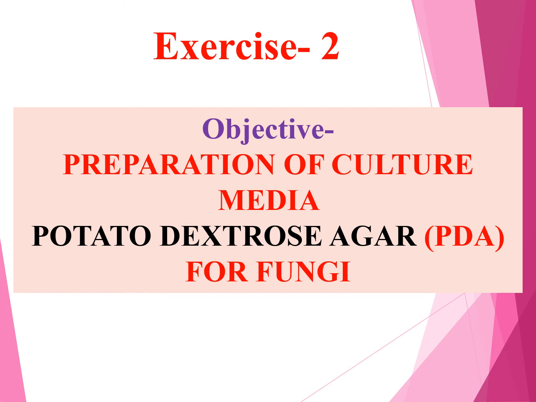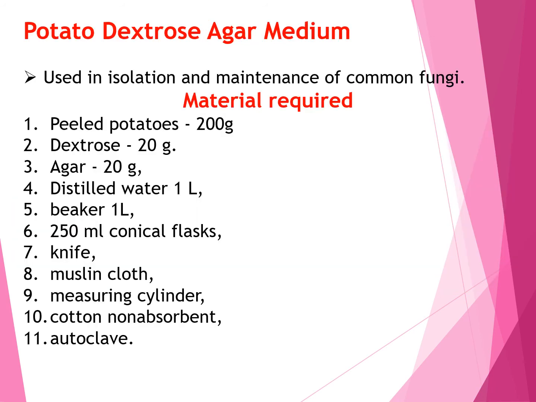So coming to the objective of today's lecture, preparation of culture media. Here we will discuss two culture media, one for fungus and another for bacterial microorganisms. For fungal microbes we use potato dextrose agar.